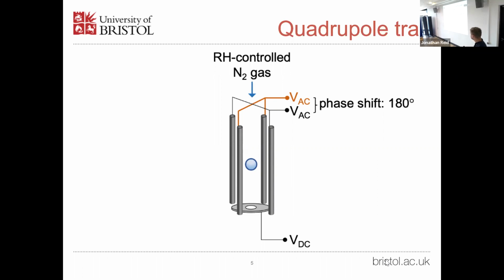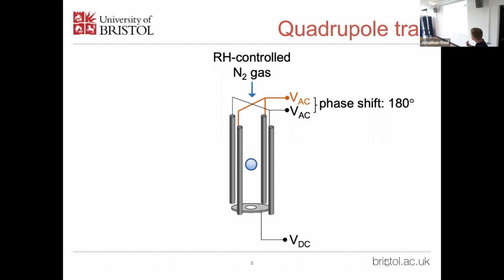The quadrupole stabilizes the particle in the plane of the table. You can see that the pairs of rods are connected, and each pair is phase shifted by 180 degrees. We apply some AC voltage, which creates an electrical potential minimum in the center of those quadrupoles, which stabilizes the particle.